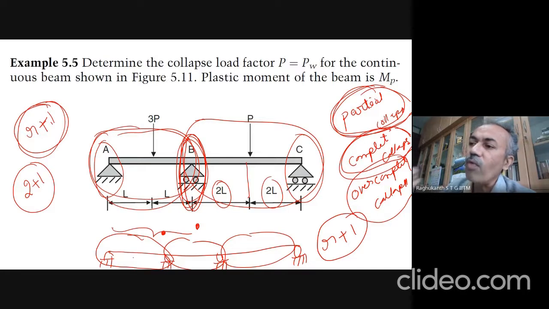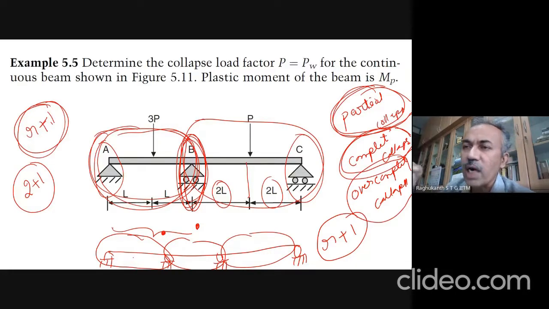For continuous beams, if one span collapses, like just AB collapses, that's what we call a partial collapse. The span BC may be fine, but AB collapses, or AB is fine and BC collapses. We call this a partial collapse, and that itself is the collapse for our continuous beam.